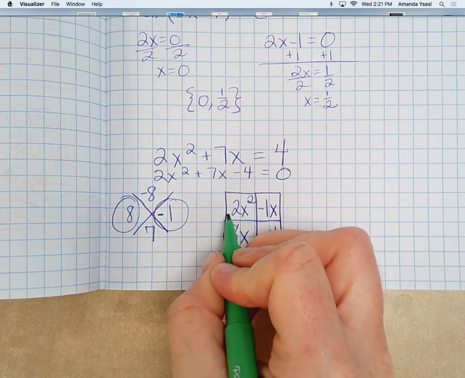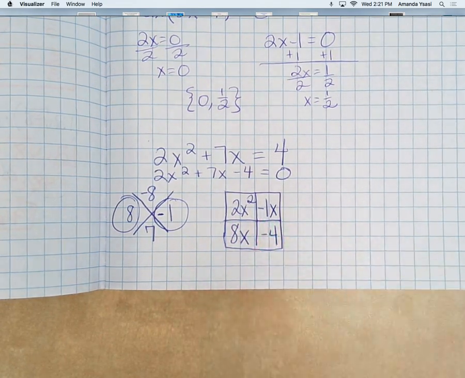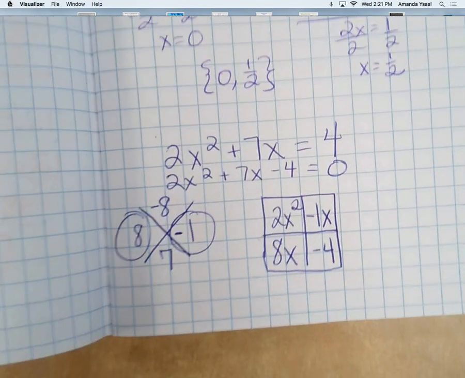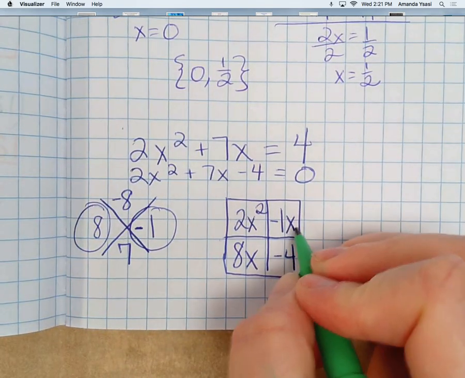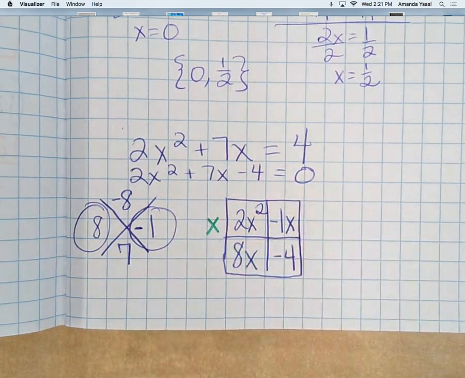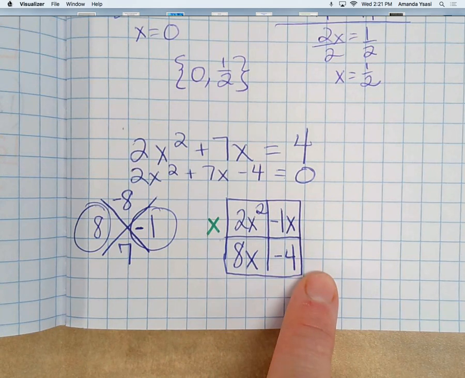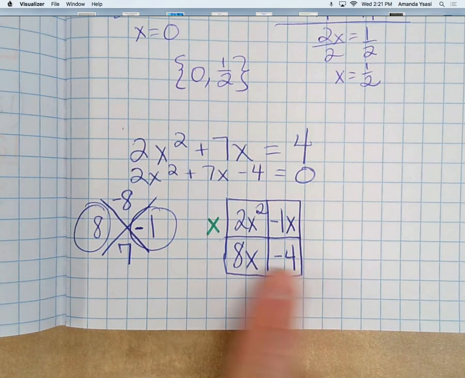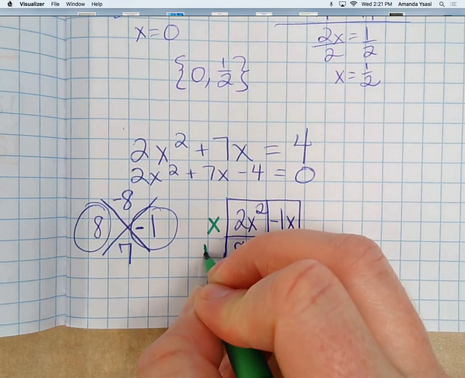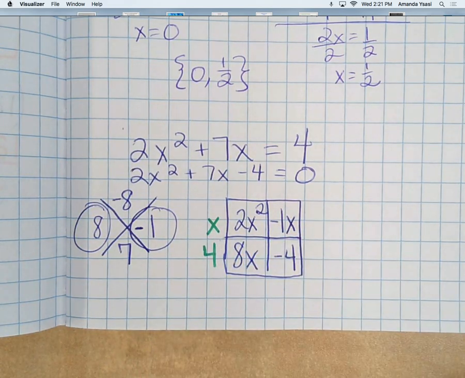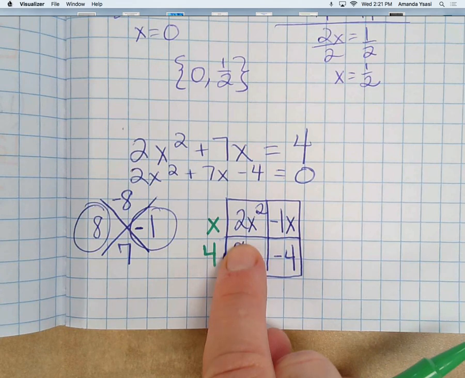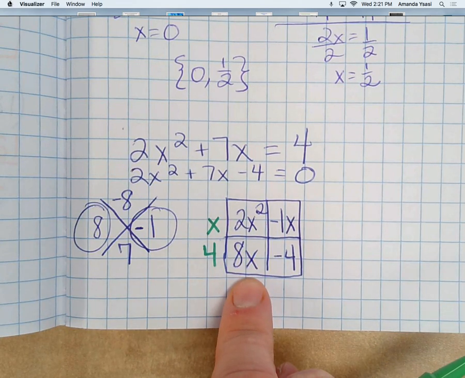So I'm going to factor the row. So 2x squared minus x, I would factor out just an x. So then the next row, 8x minus 4. I can factor out a 4 here. And then the column, 2x squared and 8x.